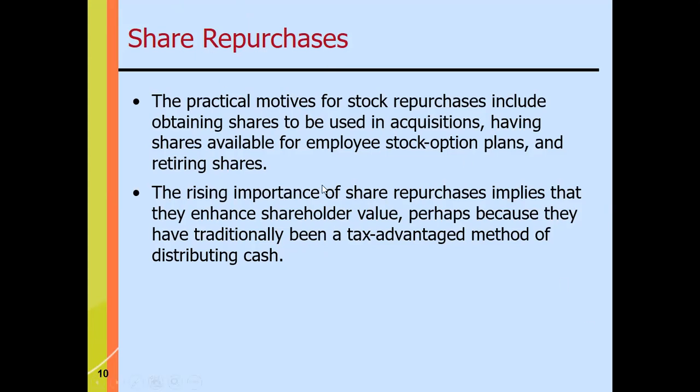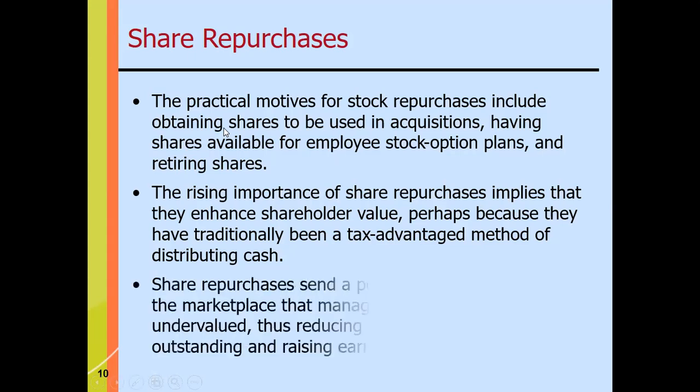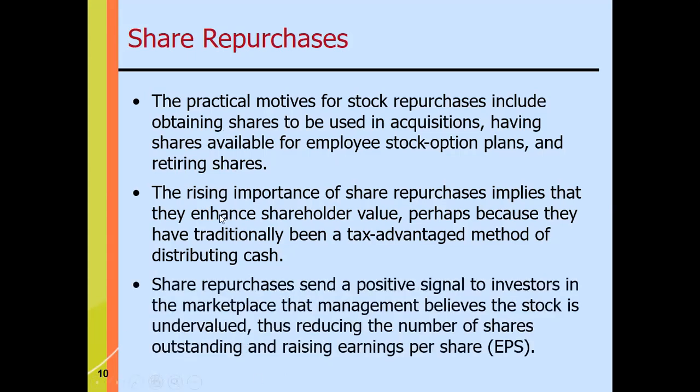But then if we acquire shares for acquisitions, having shares available for employee stock option plans, meaning more shares are issued to employees, of course that would increase value for shareholders. For retiring shares, well, that wouldn't be like treasury shares. Then share repurchases send a positive signal to investors in the marketplace that management believes the stock is undervalued.